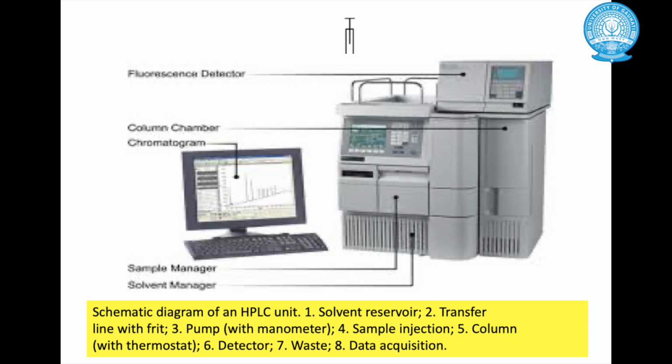Then in the line is sample injection, and the fifth component is a column with thermostat with provision for maintaining temperature, and 6 detector, and 7 in the list of requirements is waste outlet where the waste eluate or a mobile phase which is eluted as a waste can be collected, and 9 data acquisition.